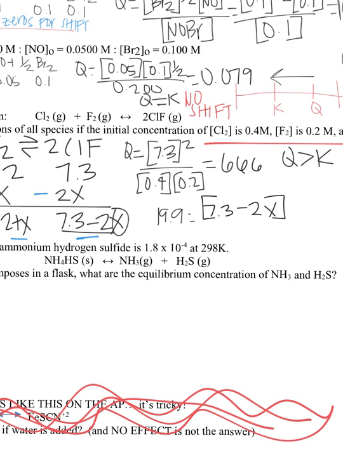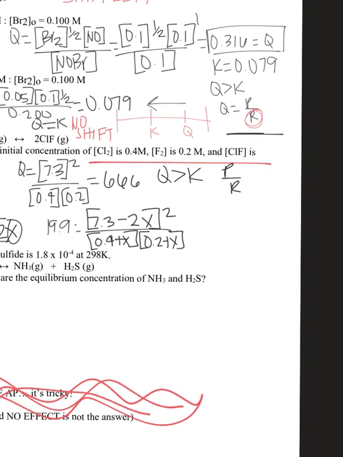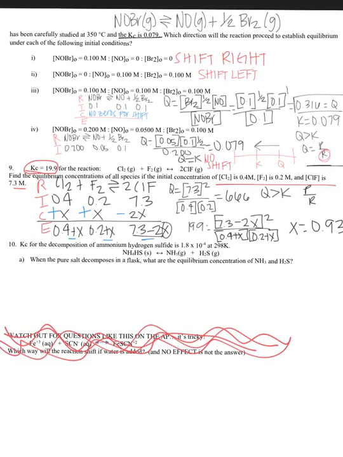We don't have to do that on the AP exam, so we're not doing it in class. Your x is 0.93, and then just like we did yesterday, you take that x, come back in, plug it in for those to figure out your equilibrium concentrations.